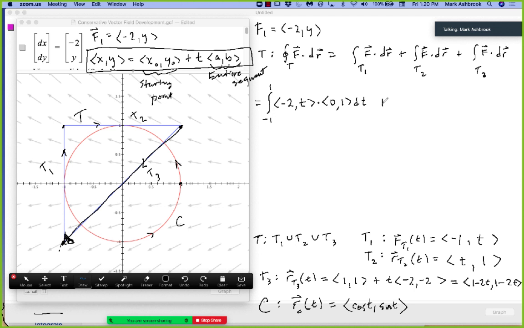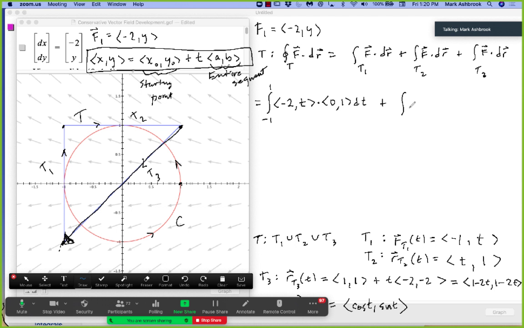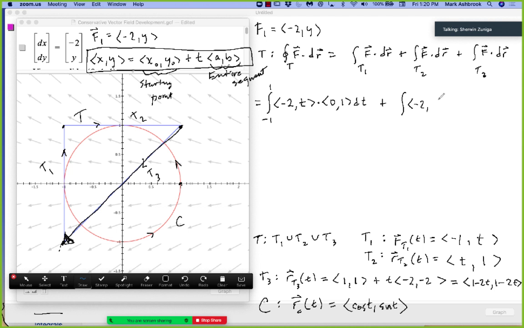All right, next one. Our f, again, negative 2y. What will that be for t2? Negative 2 comma 1, because y now is 1. Dot dr, which is 1, 0. And that from what to what?